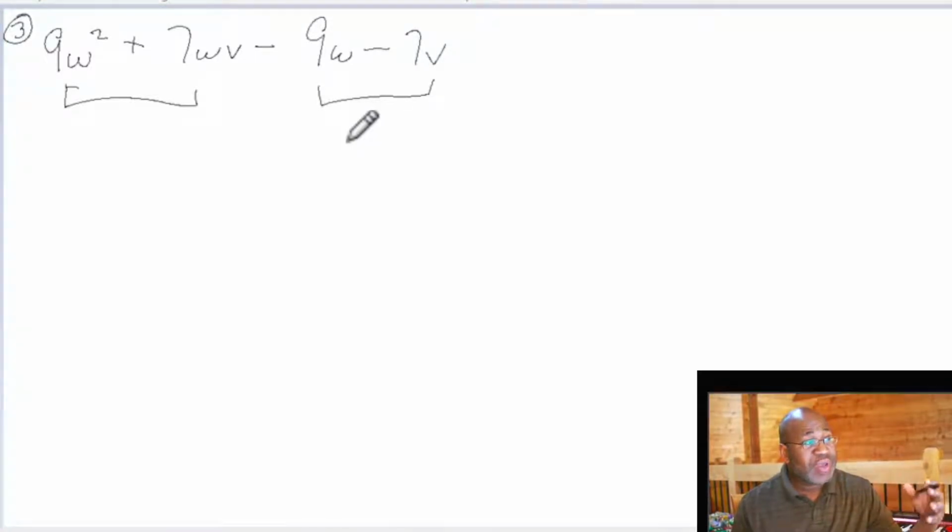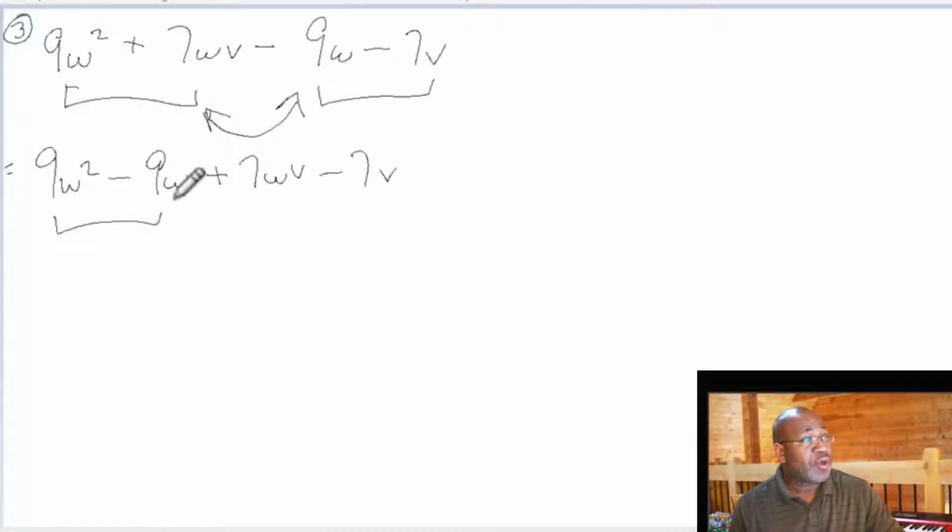But since we do have common coefficients, the first and third term both contain coefficients of 9, and the second and the fourth terms have coefficients of 7. If we rearrange the second and third terms, we might have an easier time doing the factoring. So let's go ahead and do that here. So let's pair off the terms here.